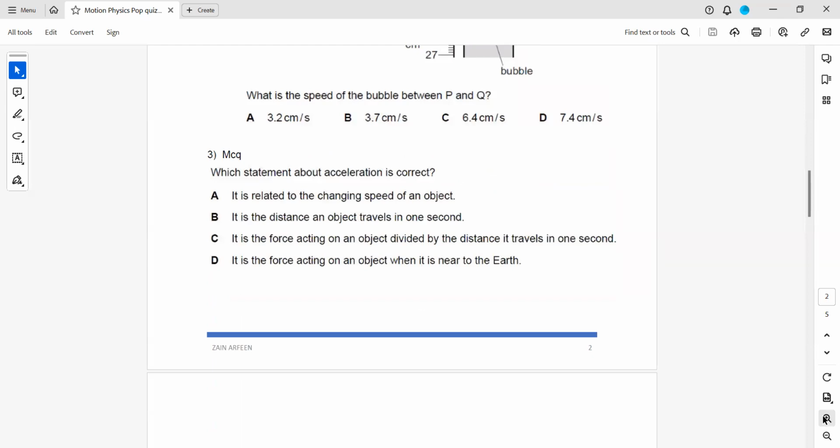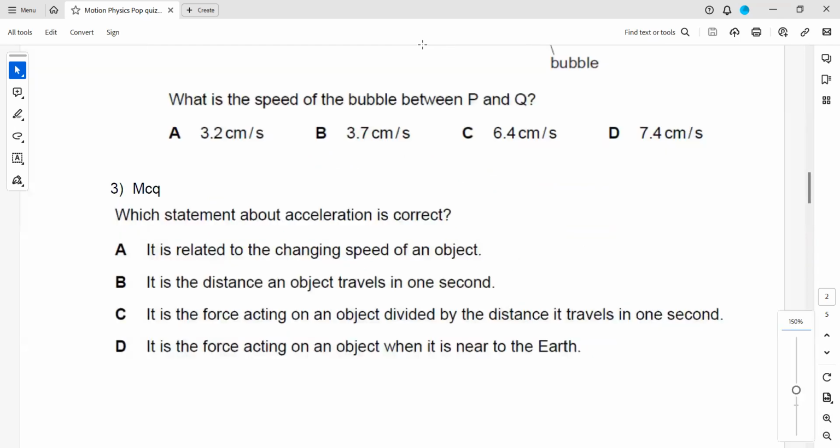Then in question 3, which statement about acceleration is correct? What is acceleration related to? It is related to changing the speed of an object. That's right. Acceleration is the change in speed, or change in velocity, or change in direction also. If an object changes direction, that is also related to acceleration. What about option B? It is the distance an object travels in 1 second.